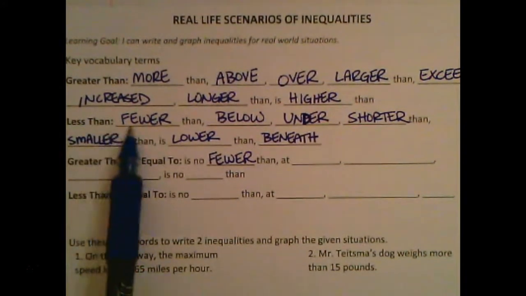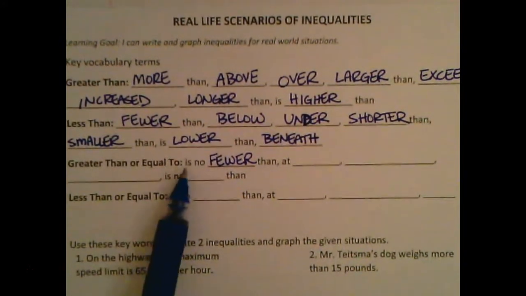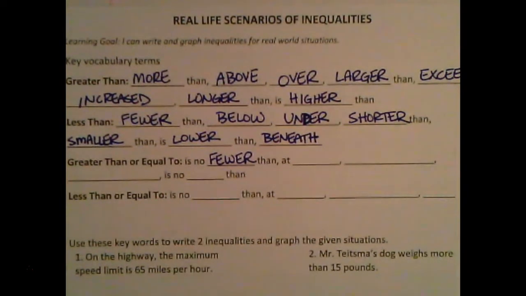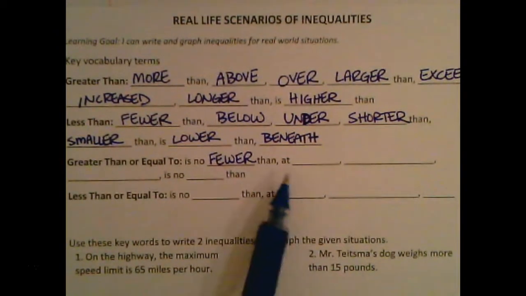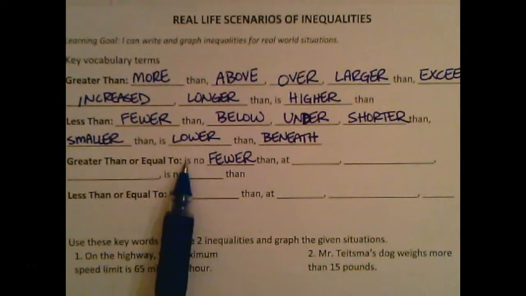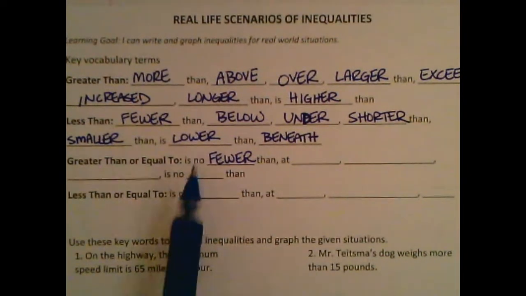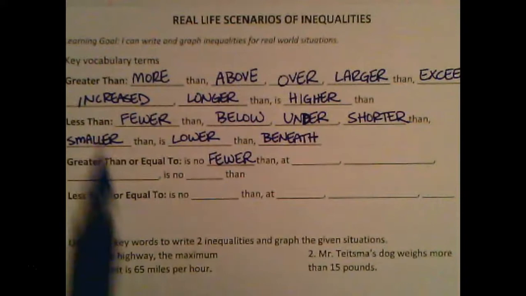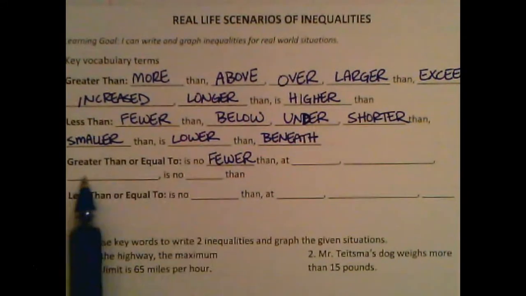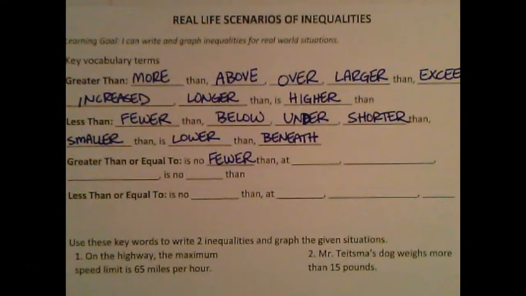This means you have fewer. This means is no fewer than, which means you have nothing that is smaller than or fewer than the number. So everything has to be bigger. And the key is the is no versus up here. So you have to look at everything around it, use the context clues around that vocab word to figure out is it less than or is it something else like greater than or equal to.